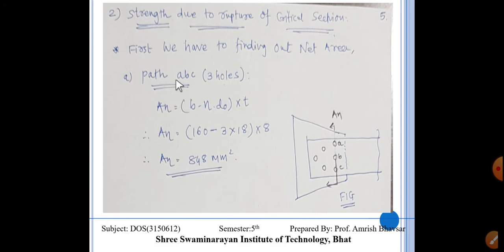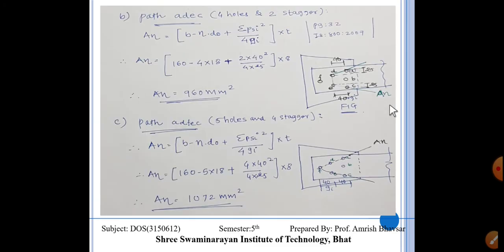The equation is net area equal to B into n minus diameter of hole, or overall diameter, into thickness. Here the plate width is 160 minus 3 bolts, 3 into 18, into thickness of 8. So we can get 848 mm square. Here we have already taken 3 bolts, so failure can also happen from the other paths with 2 and 1 bolt, but which one gives less area? The one with more bolts. So here the path we have directly taken is ABC. Clear? You have to take all the possibilities into consideration.